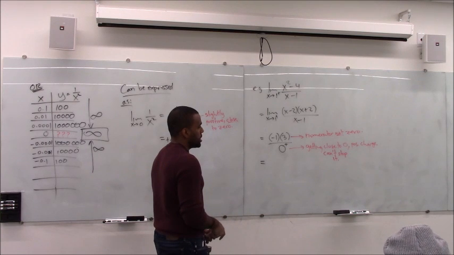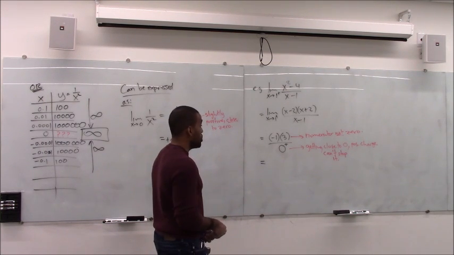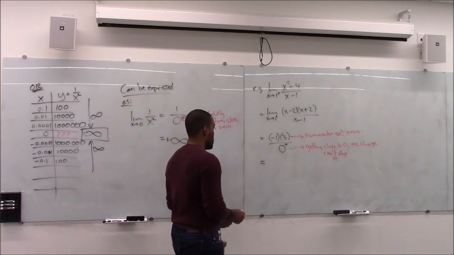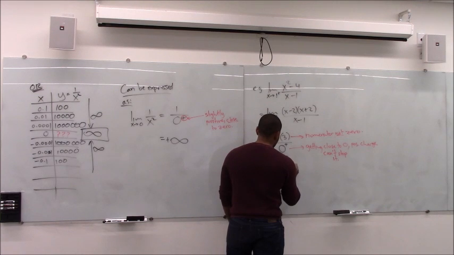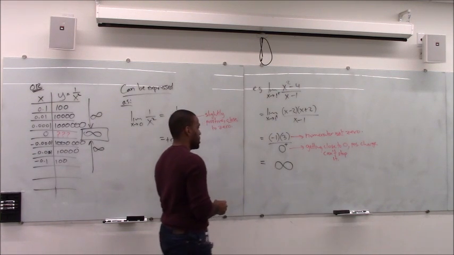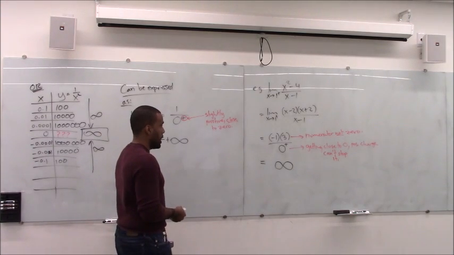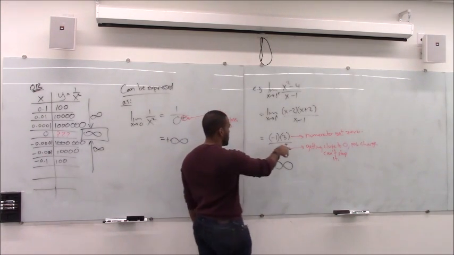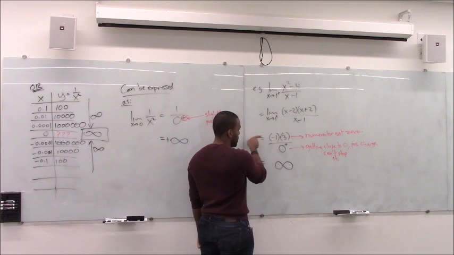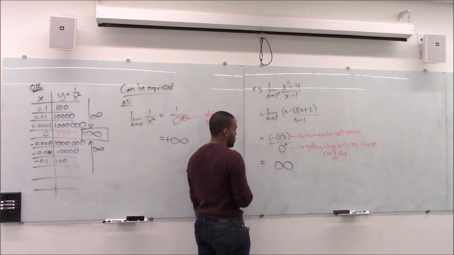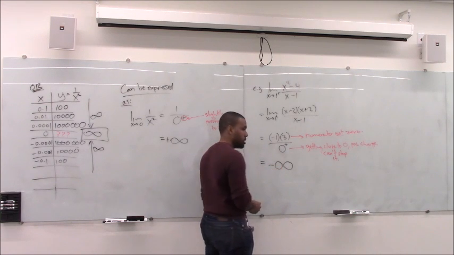So this thing is trying to divide by 0 and there's no way for you to stop it. The numerator is not 0 though. What happens is that the fraction is going to blow up. It's going to become infinite. Now, once you know that it's going to be infinite, you have 2 options, positive infinity or negative infinity. How do you pick? Now you observe the signs. Notice in the numerator you would have a negative sign, while in the denominator it'll be slightly positive. So negative infinity is going to be the answer.